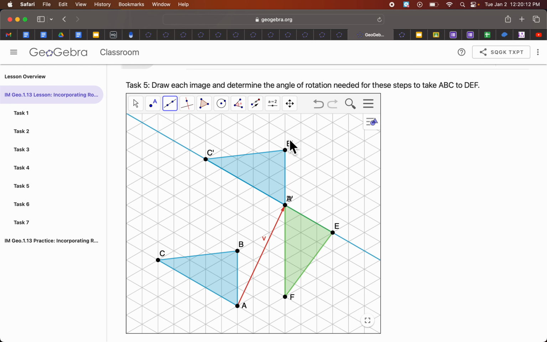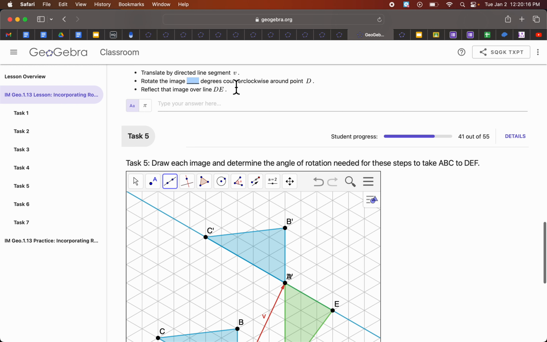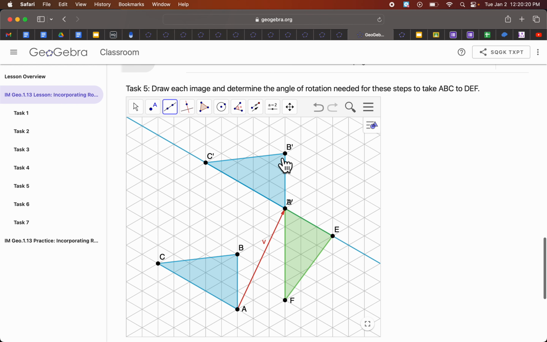Okay, so how far are we going to rotate it? And it says a certain number of degrees counterclockwise. So counterclockwise is going around this way, right? Because the clock goes this way. So we're rotating counterclockwise. So where should point B end up?